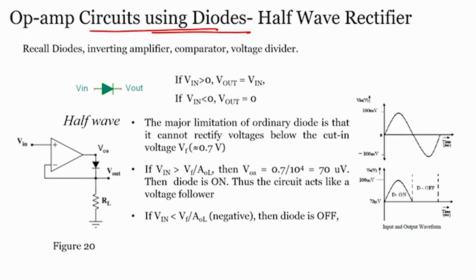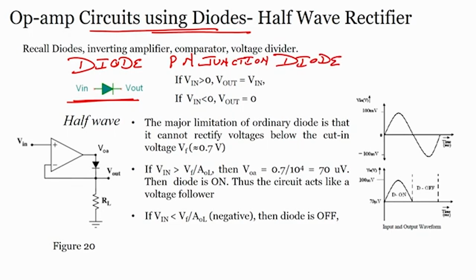Now all we know about is the diode. What is this? Diode, D-I-O-D-E. What kind of diode do you see here? A PN junction diode. What is this pin?